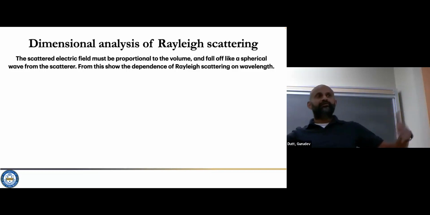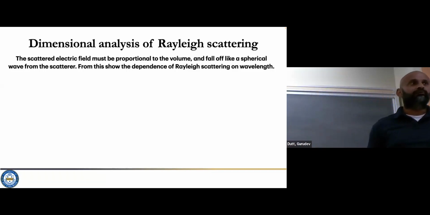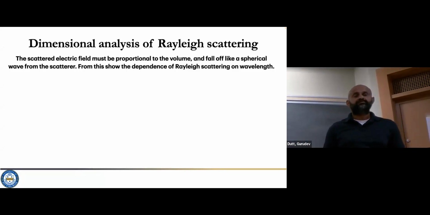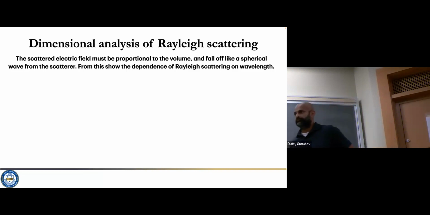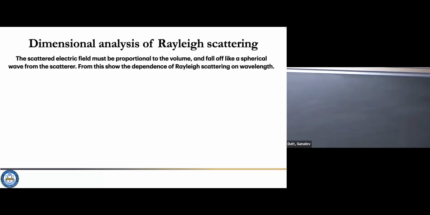So we are just making a physical argument about what the dependence must be on that volume. So I'm giving you those two facts: ES is proportional to volume, and ES is of course proportional to EI. Very good.